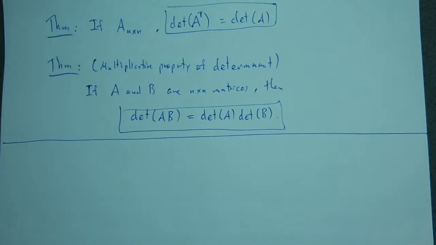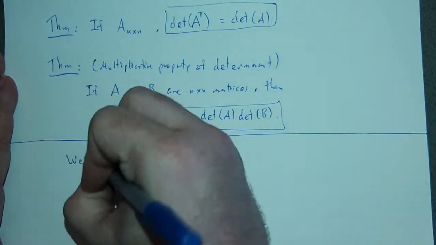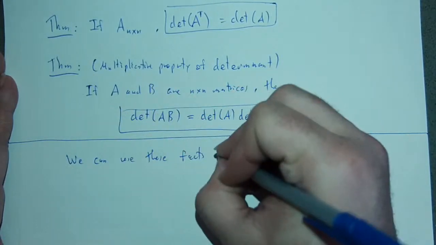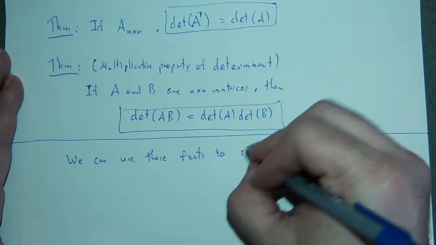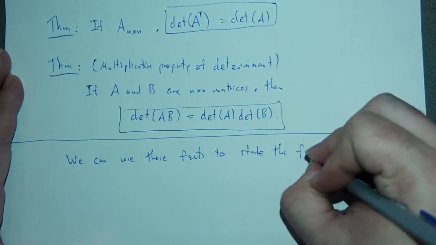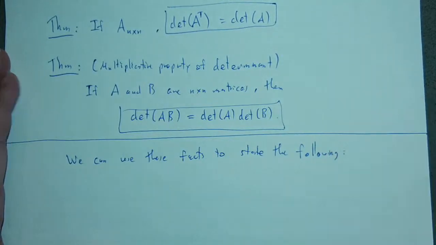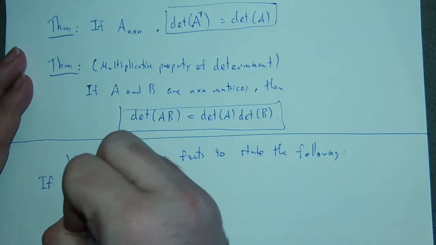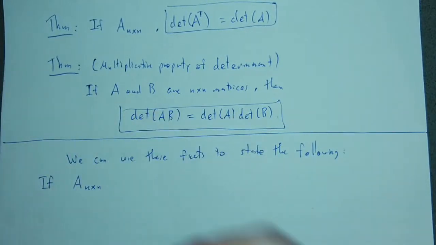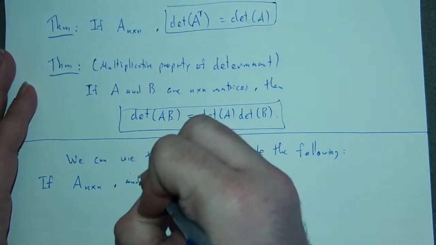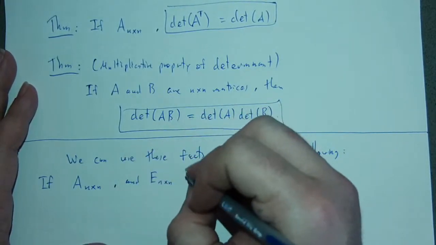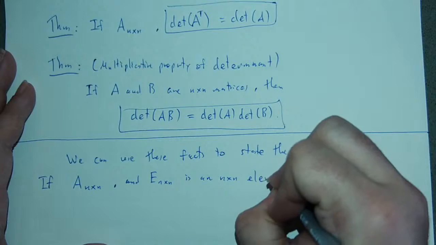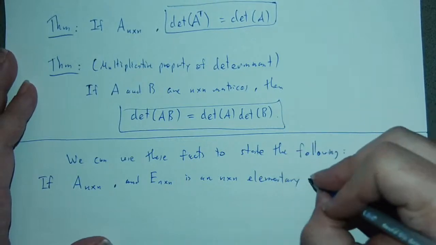Okay, so we can use these facts to state the following. If A is an n by n matrix and E is an n by n elementary matrix, recall what an elementary matrix is.